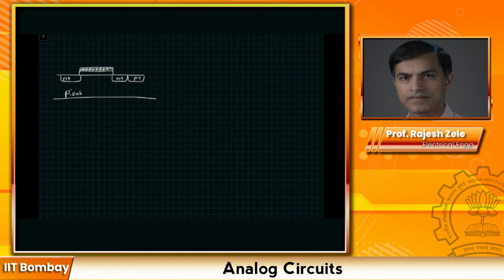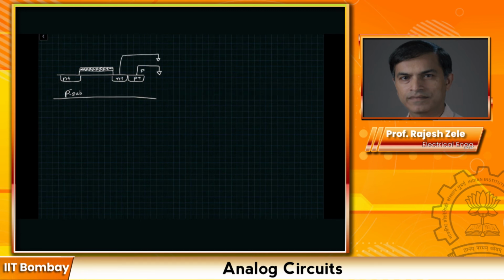So I'm going to apply voltages to this device. We will apply ground potential to our P minus substrate by connecting to this P plus region. The P plus region that we have drawn here provides a very good connection to the P minus substrate. The source region we will also connect to ground.